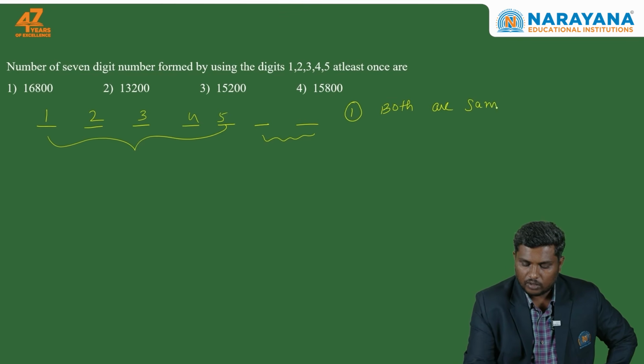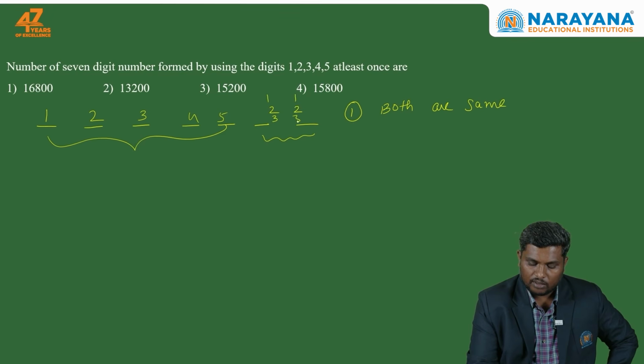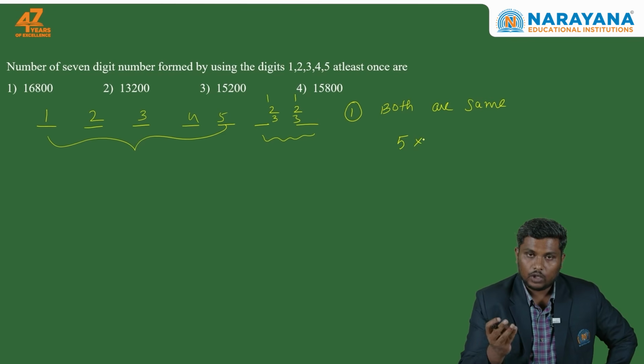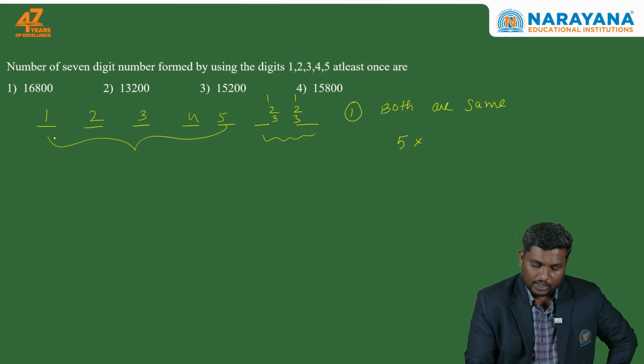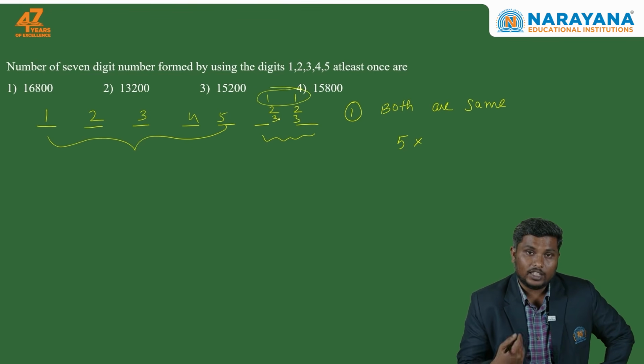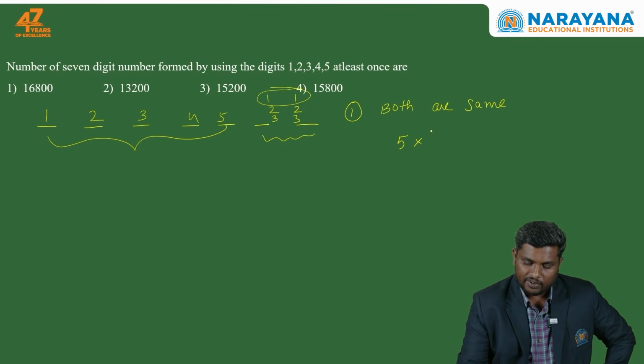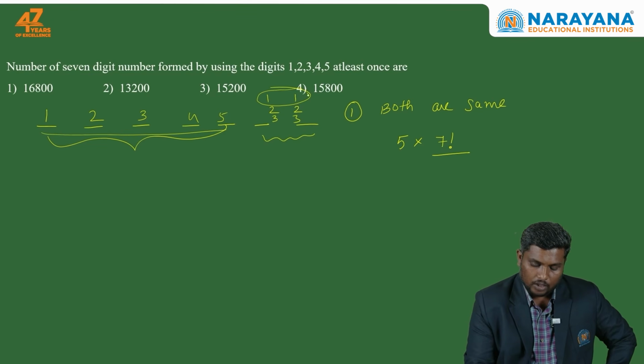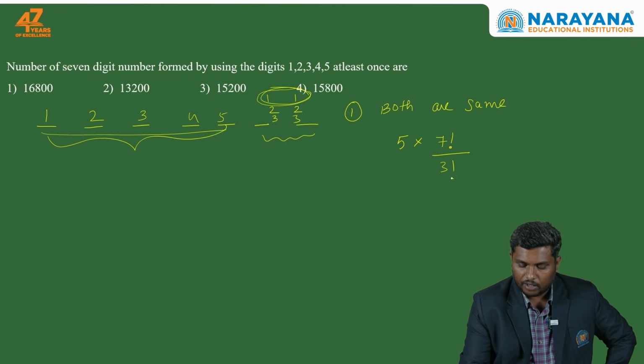Both are same. So what if both are 1, both are 2, both are 3, and so on. So how many cases are there? 5 cases. 1, 2, 3, 4, 5. And now for each case, whenever I say suppose 1 and 1 are selected for these two places, now think about how many arrangements we can make. So we have 7 digits, 7 factorial arrangements divided by, out of them 1 is already here and 2 are repeated, so 3 factorial.